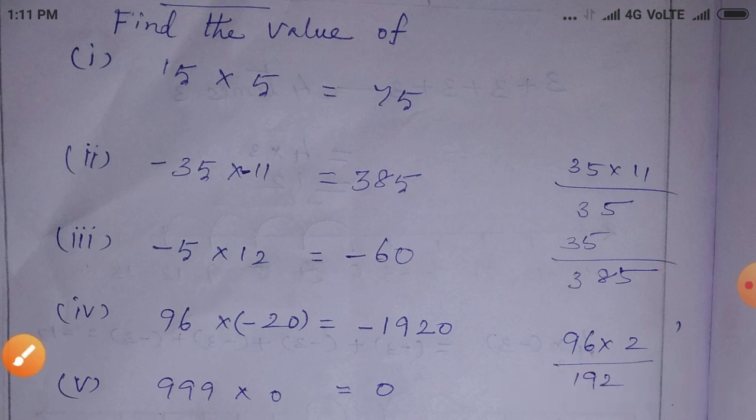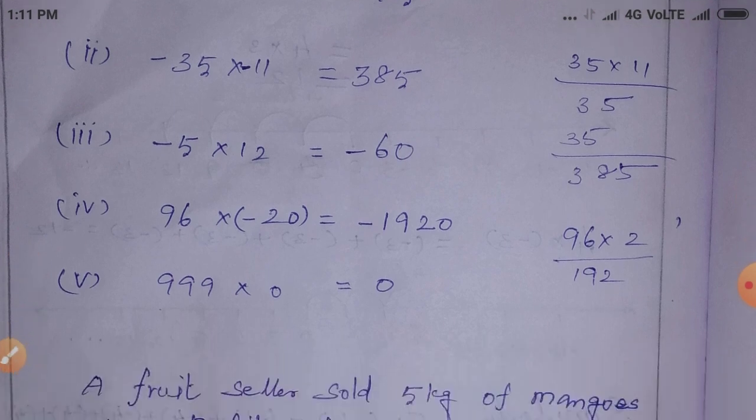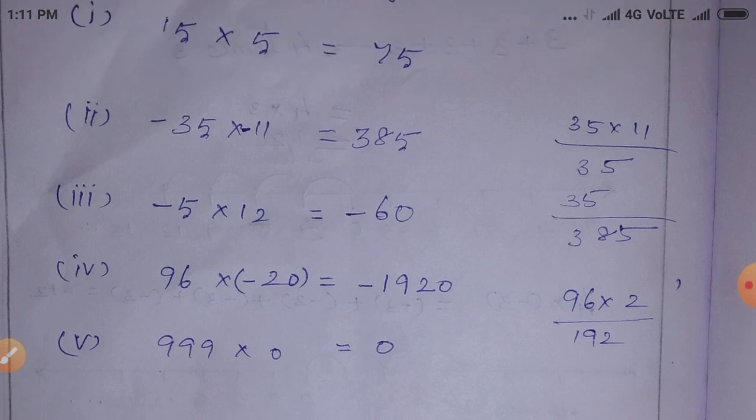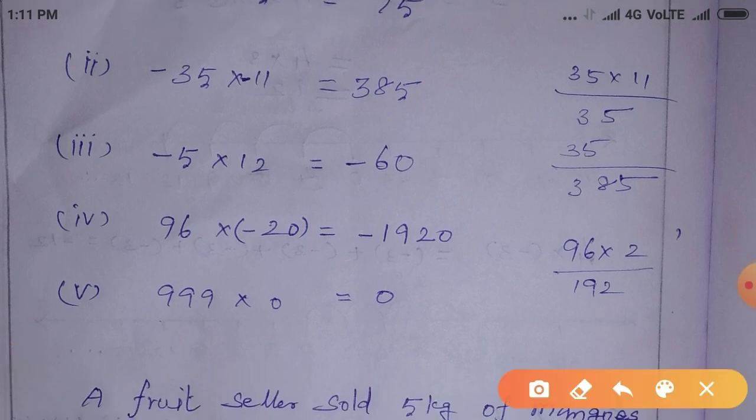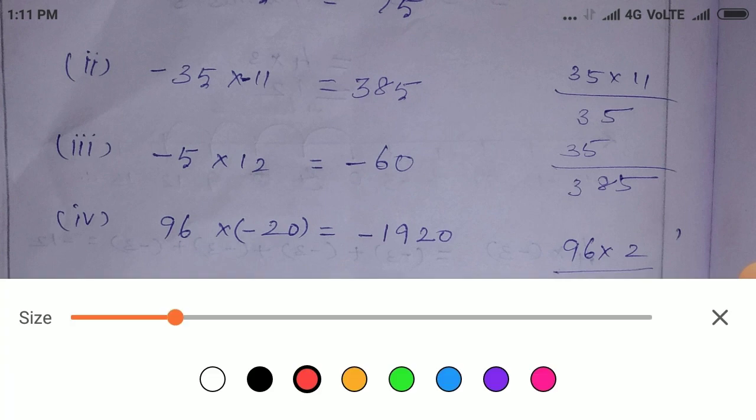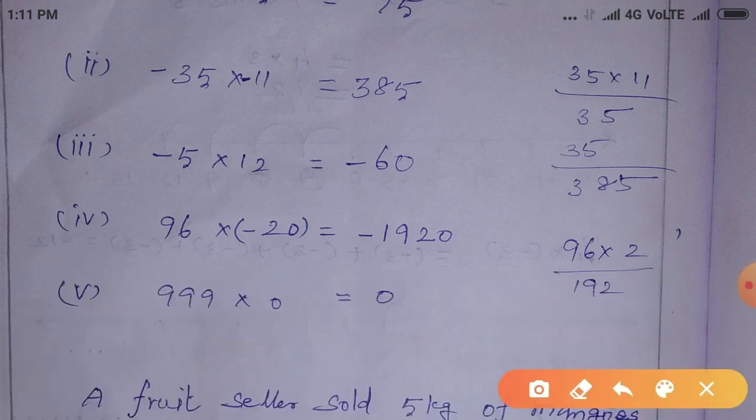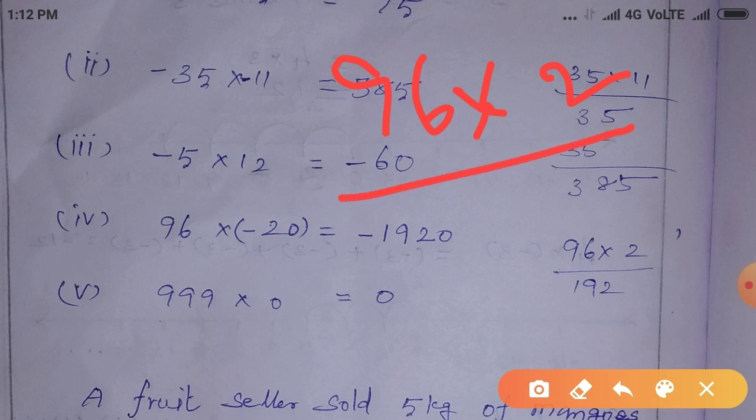Next, 96 into minus 20. 96 into first 2: 2 sixes are 12, remainder 1.